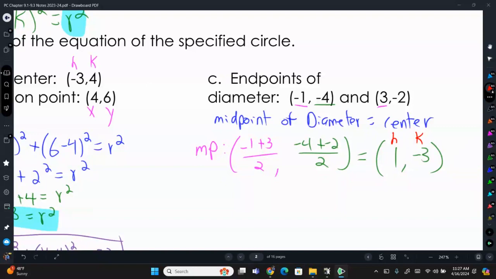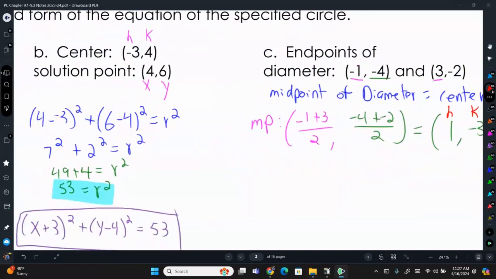All right, we still don't know anything about the radius. Now, you could do the distance formula for the endpoints of the diameter. That will give you the length of the diameter, and then divide it by 2 to get the length of the radius.